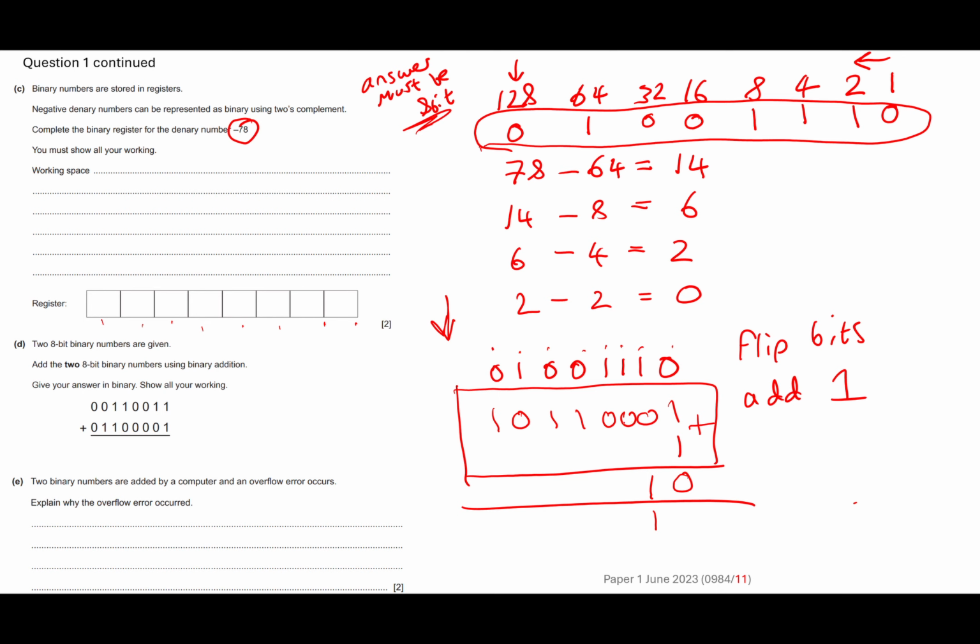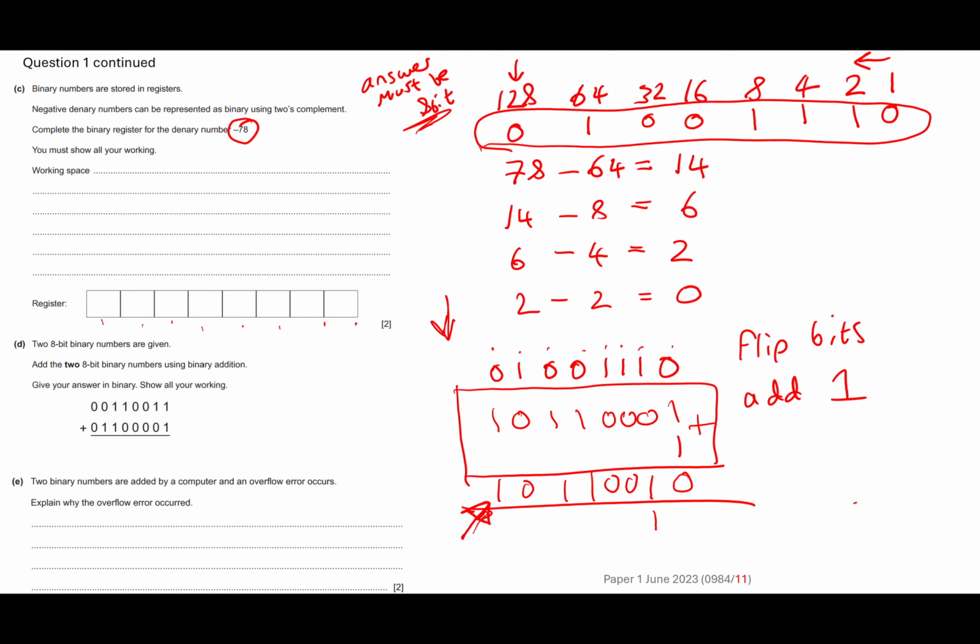Moving along here, we don't have anything to add, so it's going to be the same number. And that is our negative number. We can also tell it's a negative number, and that we worked it out correctly in 2's complement, because it starts with a 1, and that indicates a negative number.